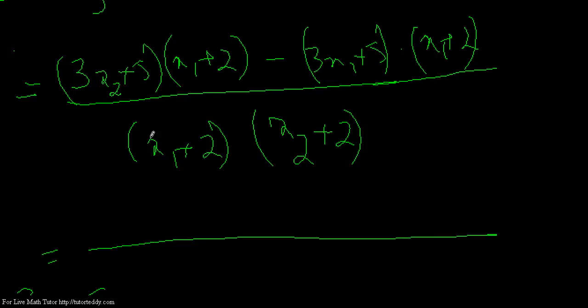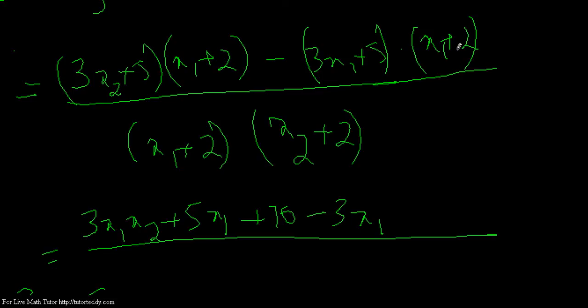We multiply these terms here. This is 3x1x2 + 6x2 + 5x1 + 10 minus 3x1x2 minus 6x1 minus 5x2 minus 10.